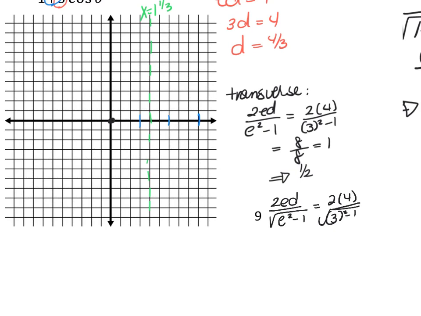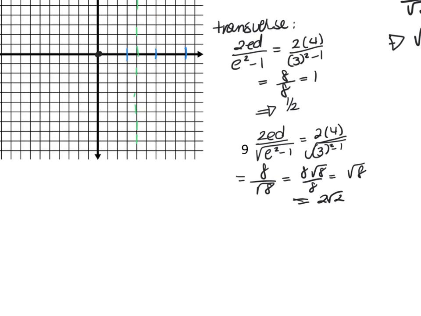So I get 8 over the square root of 8, which if I rationalize is going to be 8 square root of 8 over 8. So I end up with just the square root of 8, which is equal to 2 root 2. So that is the length of my conjugate axis. That's from side to side, so that tells me from the center I'm going to go the square root of 2 in each direction.